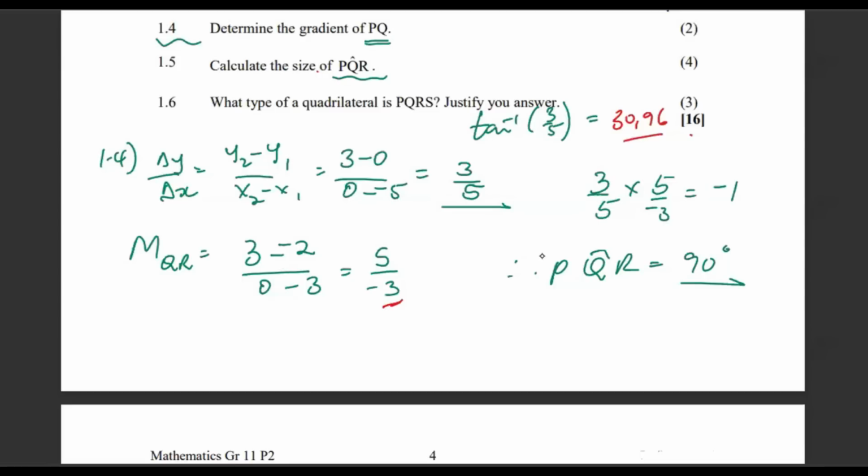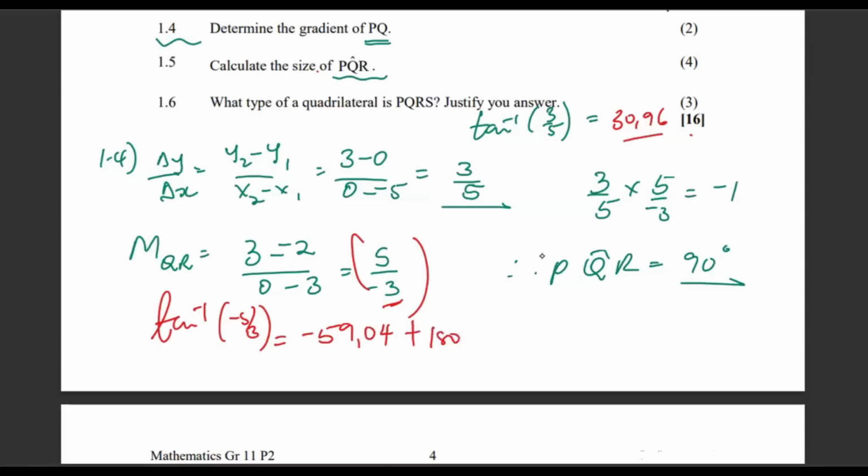And then I'm getting the arctan of negative 5/3, which gives me a negative 59,04.